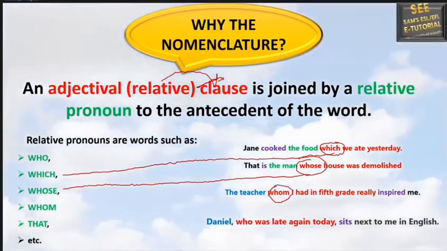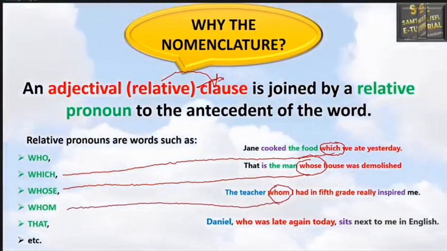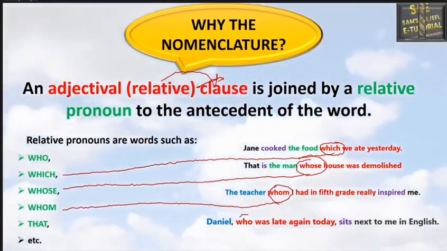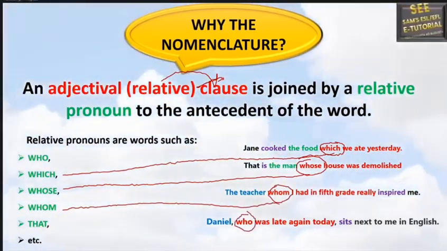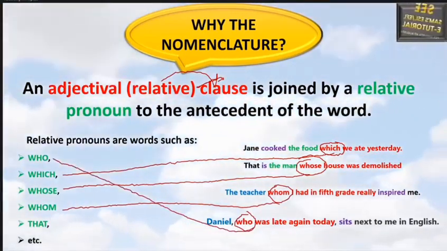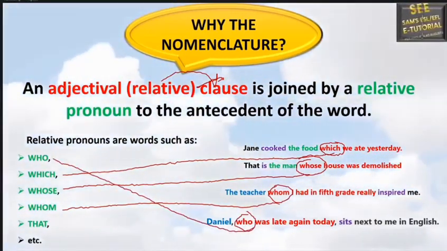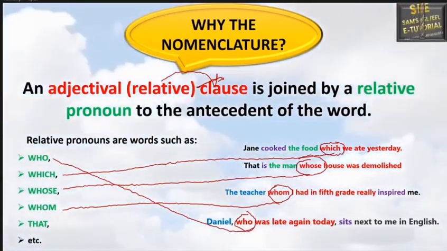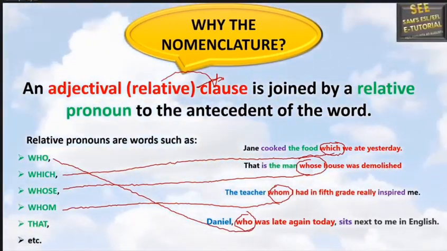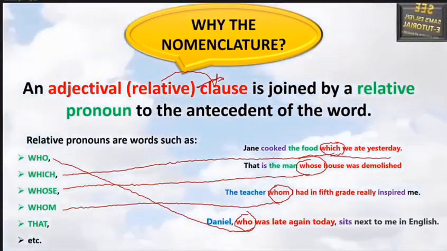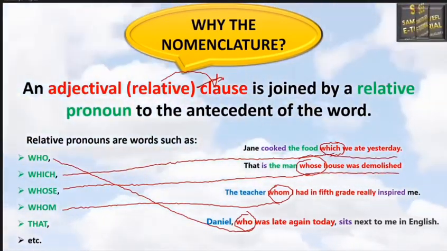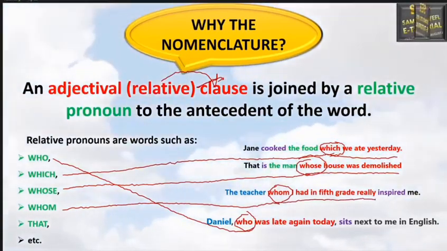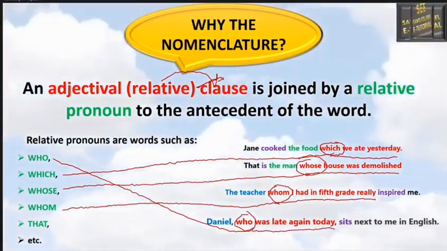This is whom, also a relative pronoun, and of course who as a relative pronoun. So they begin with relative pronouns. As a result, we refer to them as relative clauses as well. And the entire clause structure, as I said earlier, performs an adjectival function. Therefore, we also refer to them as adjectival clauses.